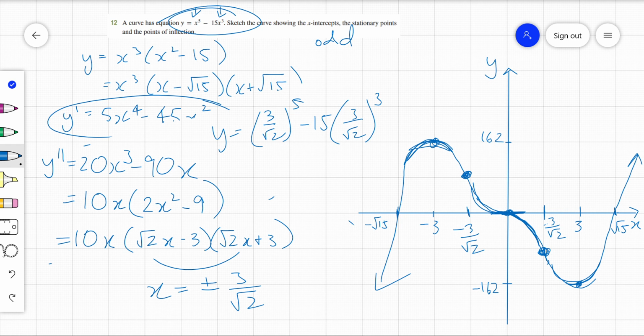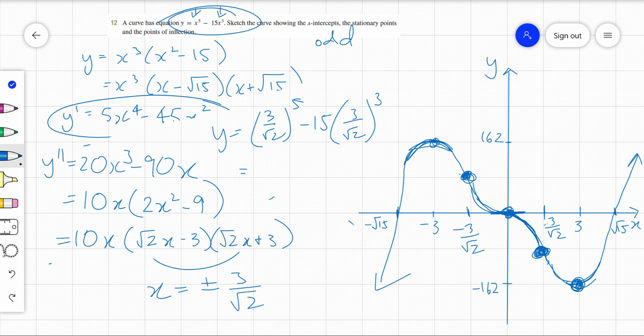Alright, it's going to take me too much work. So anyway, you can do that in your calculator for me. But hopefully you get a negative when you put 3 on root 2 in, and you get a positive when you put negative 3 on root 2 in. So there are your points of inflection, your x-intercepts, and this one, of course, being your horizontal point of inflection.